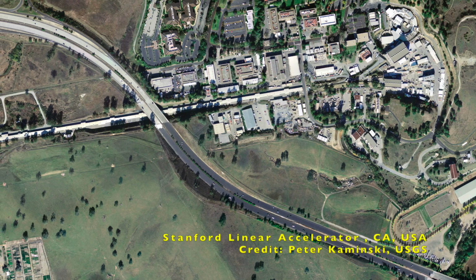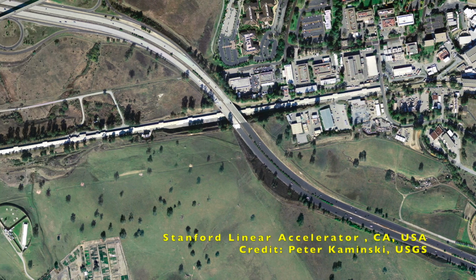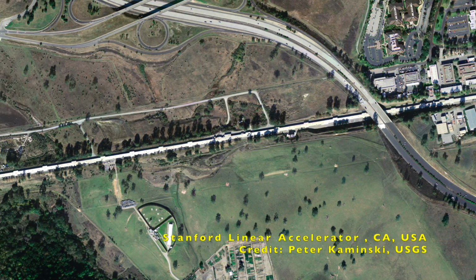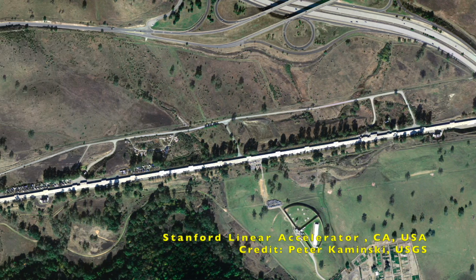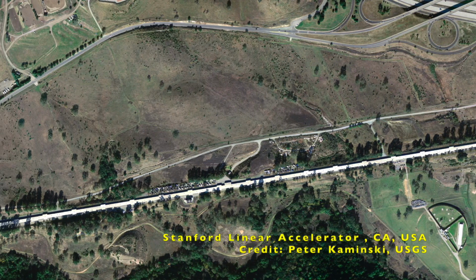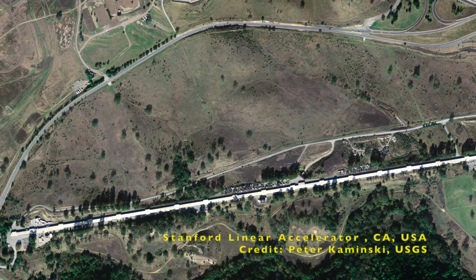And it was the world's most energetic particle accelerator at the time, but it didn't hold that title for long, because later in 1966, the Stanford Linear Accelerator was switched on, accelerating electrons up to 30 giga electron volts along a 3-kilometer long straight tunnel. It's still in operation today, and it's still the largest linear accelerator in the world.